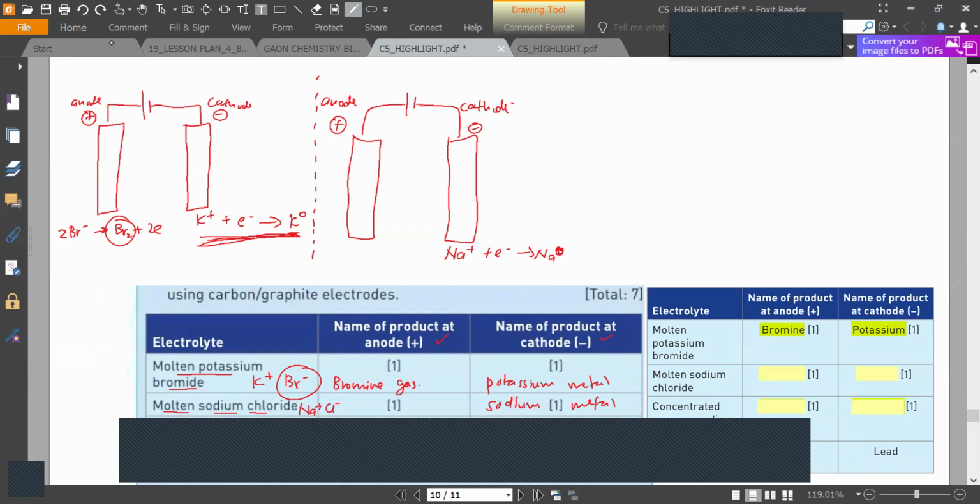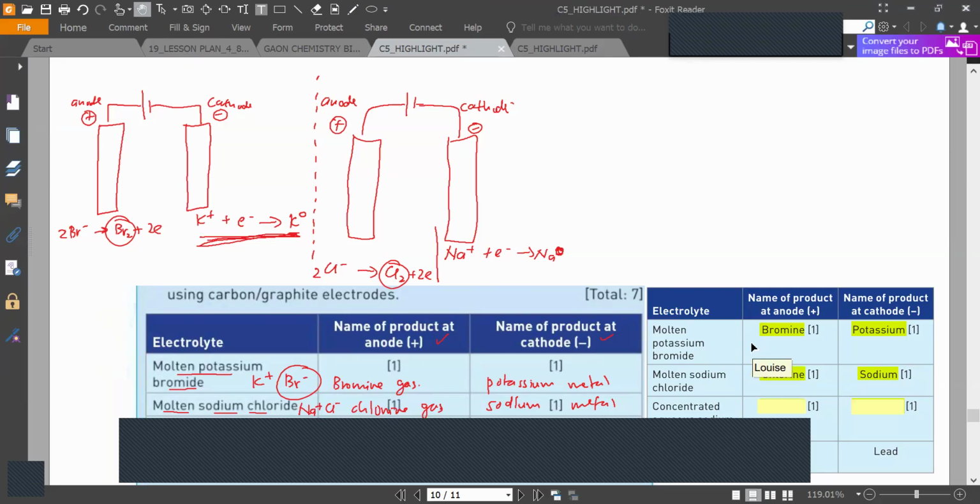Chloride we need to discharge, so we need to remove electrons. Removing electrons means adding electrons on the other side, Cl2, so 2 electrons here. So we'll get chlorine gas. This is how we work out the products.